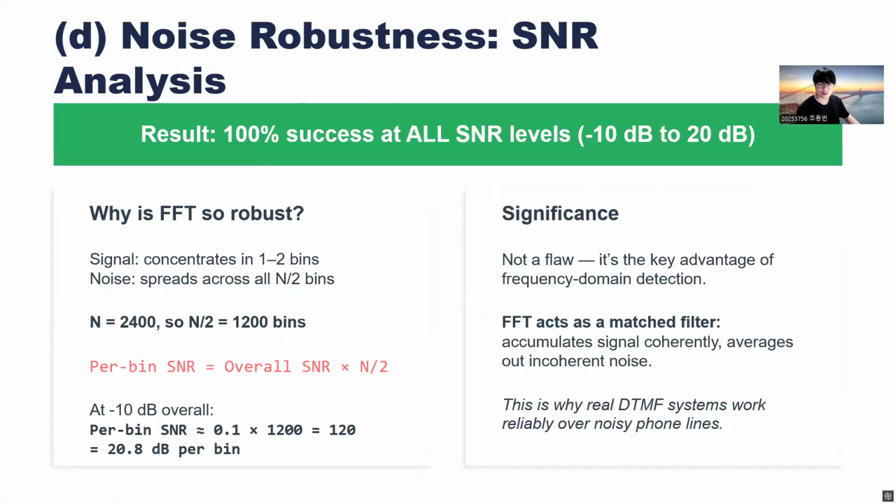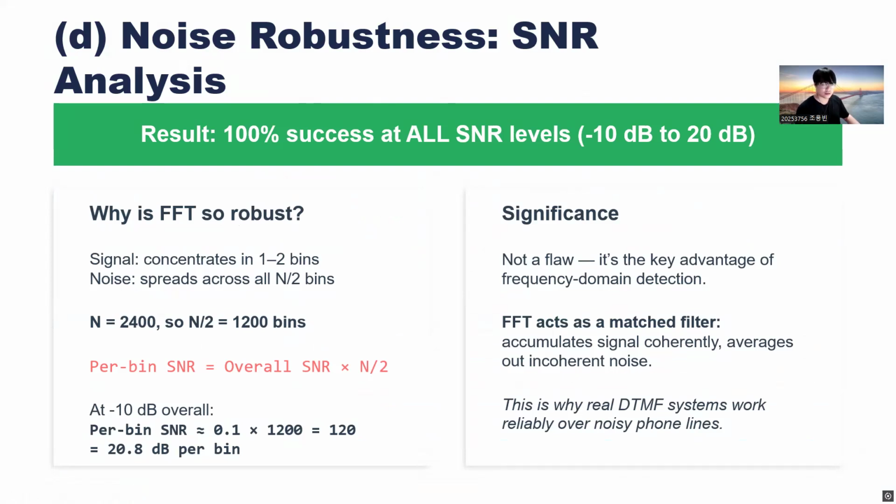After that, I tried to add Gaussian noise to the signal at various SNR levels from 20 decibels all the way down to negative 10 decibels, and repeated the decoding process from part C 50 times to see the success rate of FFT.